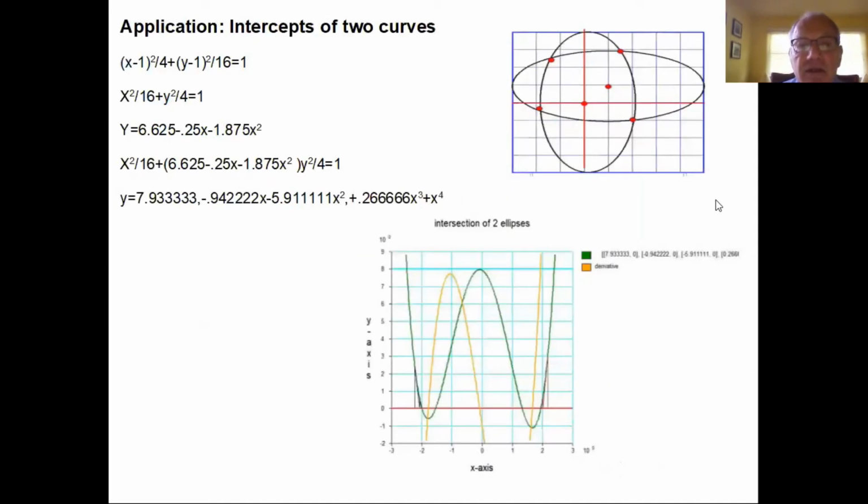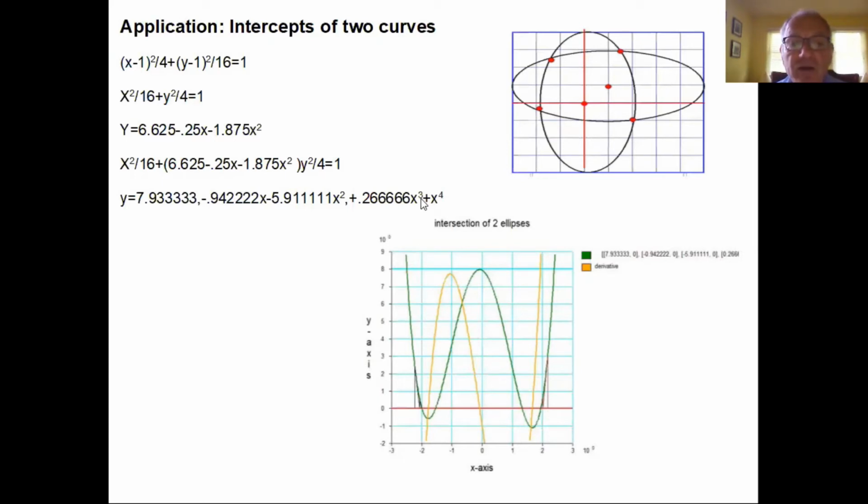As an application for being able to solve equations, we took an example of finding the intersection of two ellipses. And what we found is that when we worked with these equations, we could get a linear function for y, and then substitute that back into one of our two equations, and we get the following equation.